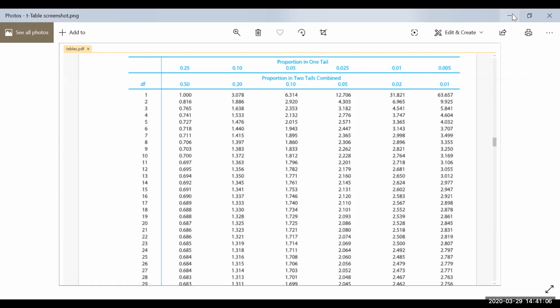So here's a note. The p-value is greater than 0.05, and there's a reason why it's greater than. It's because we retained the null hypothesis, which means that there was more than a 5% chance of committing a type 1 error in this test. In other words, there was a greater than 5% chance of getting a false positive, or rejecting the null hypothesis when the null hypothesis was true.